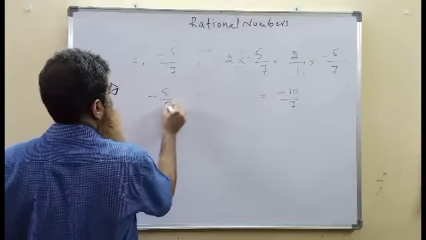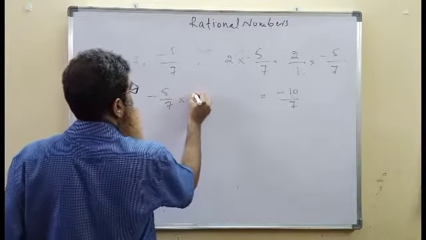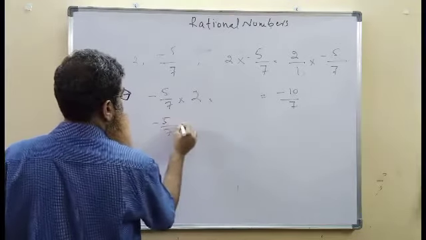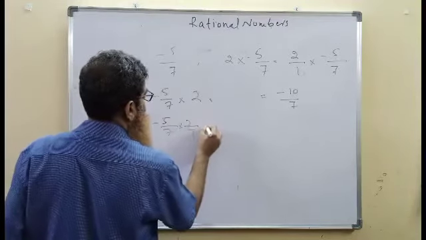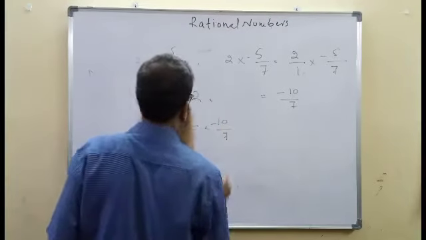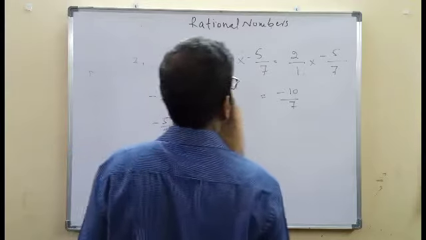Minus 5 by 7 in reverse order into 2 is equal to minus 5 by 7 into 2 by 1, which is minus 10 by 7. So both the places will be equal.